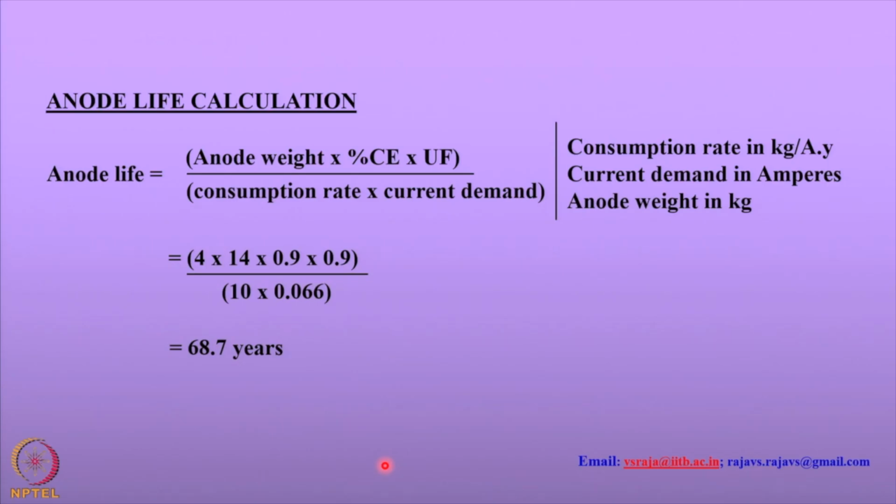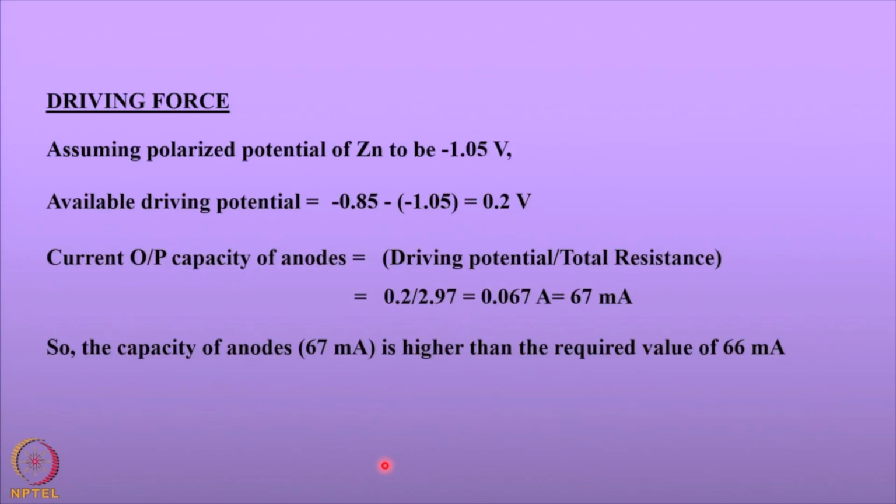However, there are some issues: zinc anodes passivate over a time period. Also, the 4 anodes barely give a current of 67 milliamperes as against 66 milliamperes, and we said that you may want to increase the number of anodes.